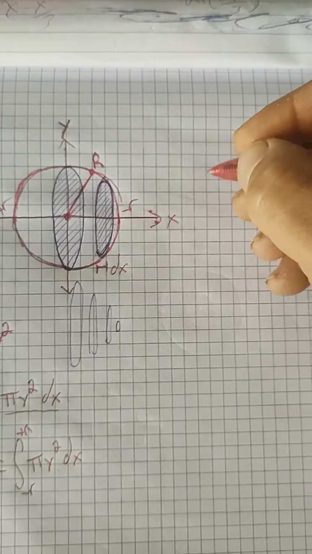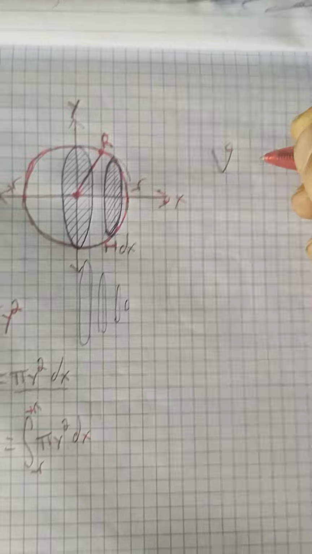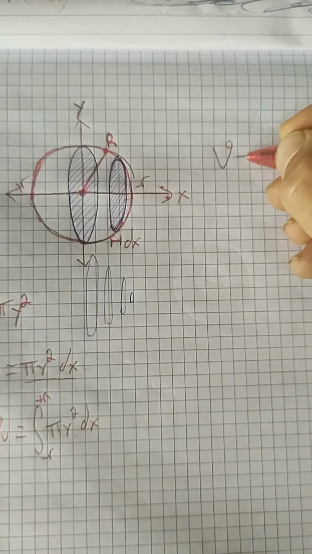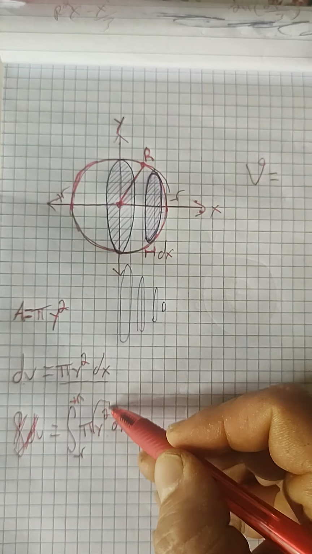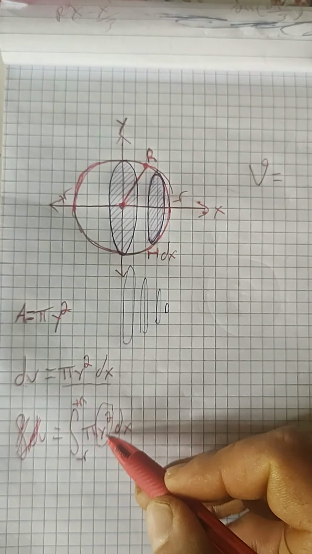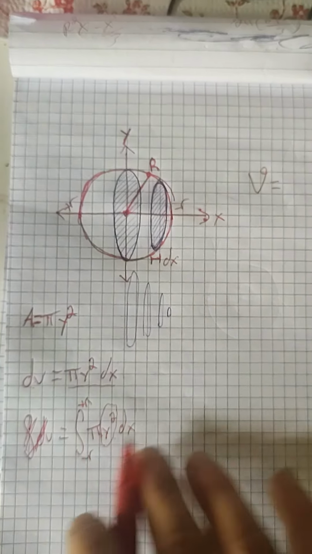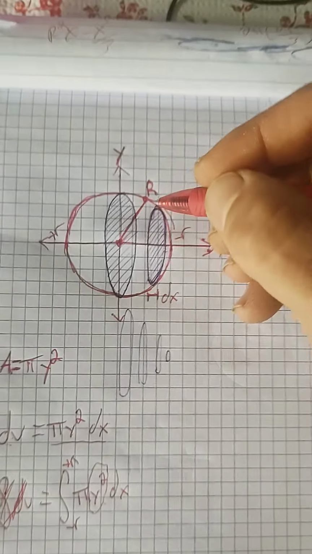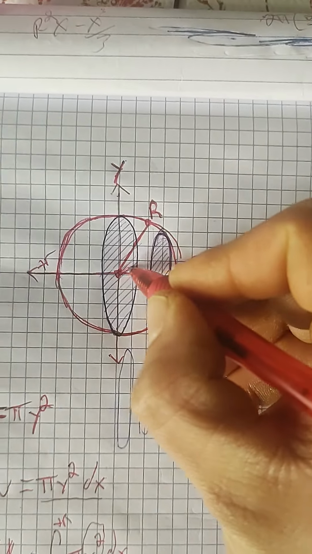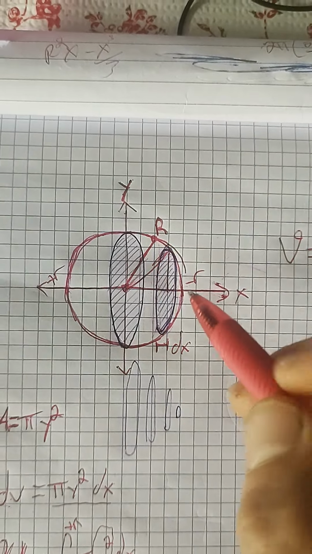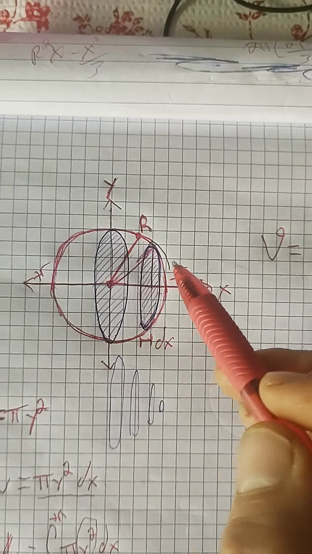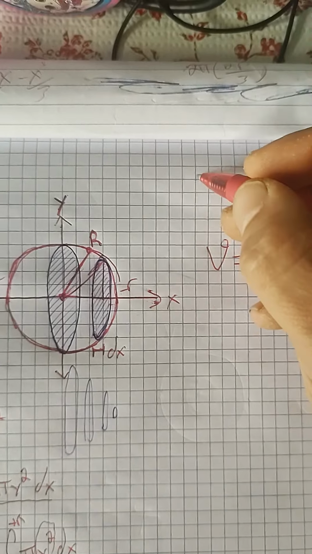So the volume of this sphere is equal to the integral, and I'm going to pull out my y squared. It doesn't work. I can't have a y in here with an x derivative. So we've got to get creative. We can see that r squared is equal to x squared plus y squared, Pythagorean theorem.